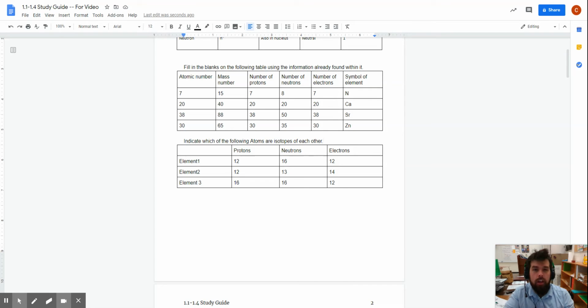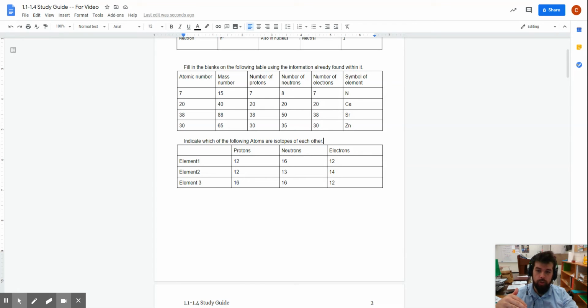But if you want to change the mass, you need a different number of neutrons. So, in short, an isotope is same number of protons, different number of neutrons. Well, which of these has the same number of protons? Element 1 and 2. Different number of neutrons, 16 and 13.